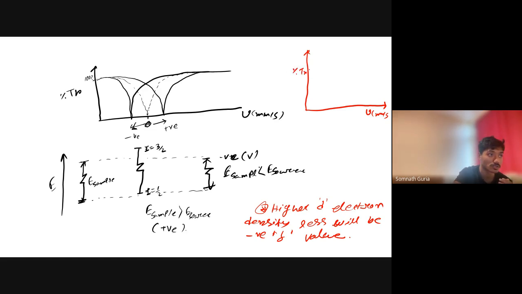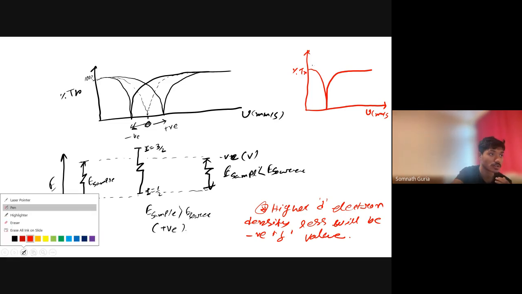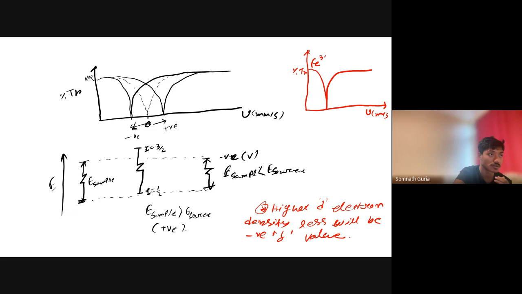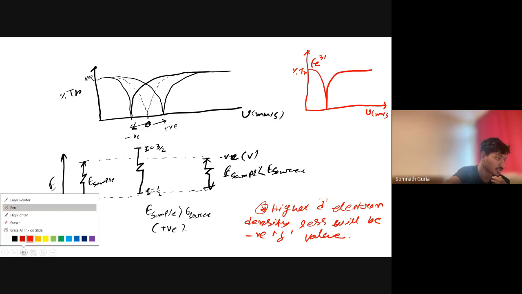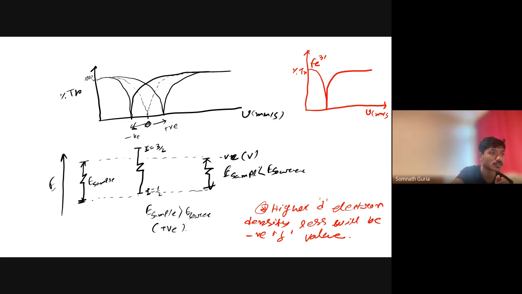So for iron 3 we get a more negative delta value, and for iron 2 this is Fe2 plus.